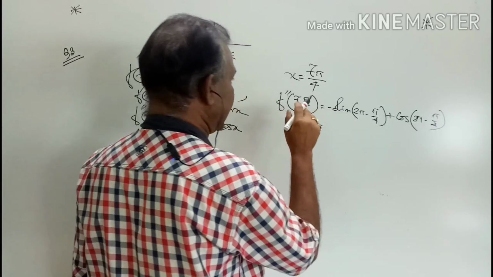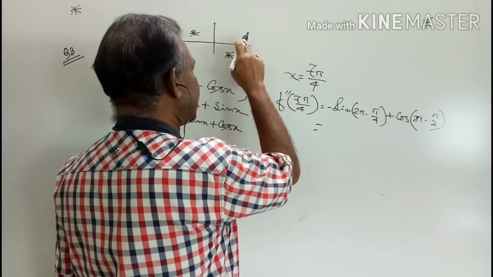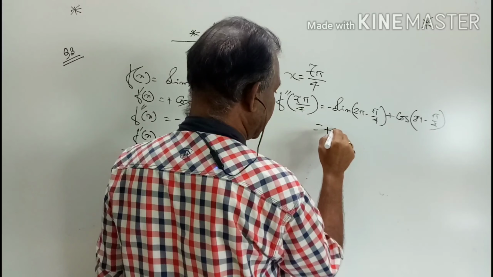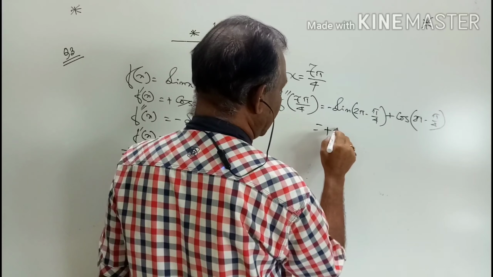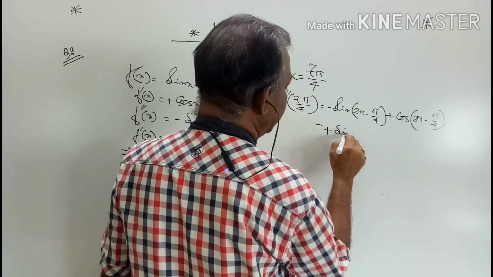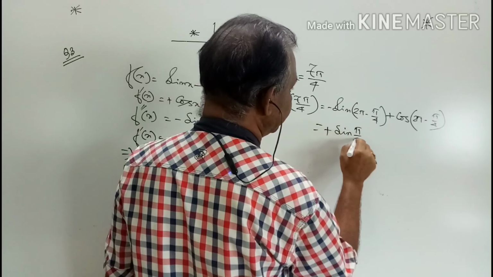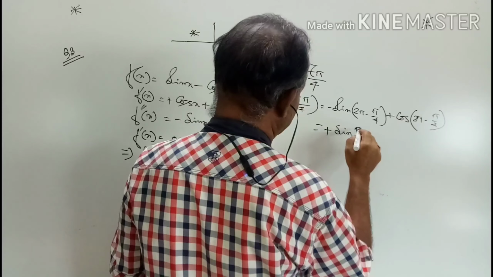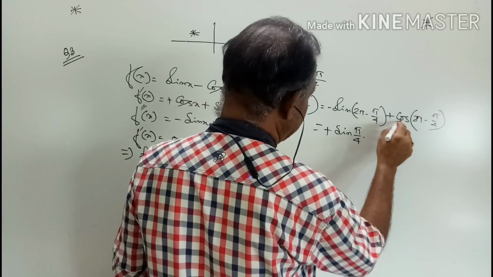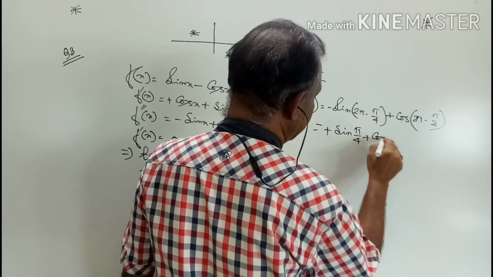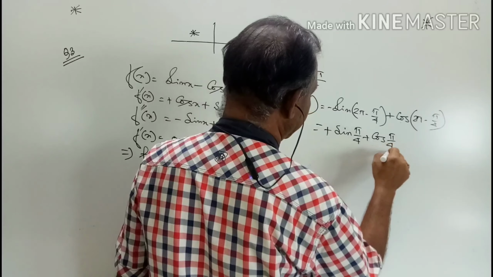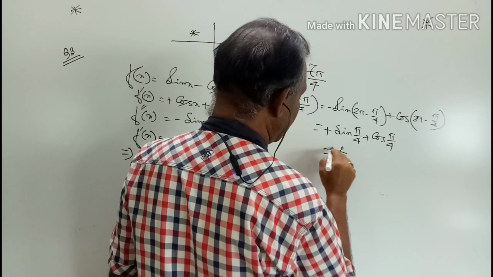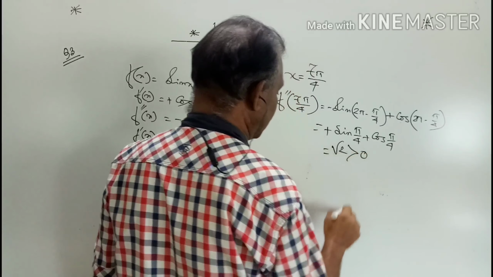It is the fourth quadrant, so sin pi by 4 is negative, and 2 pi minus pi by 4 is also the fourth quadrant where cos is positive, so cos pi by 4. So 1 by root 2 plus 1 by root 2 equal to root 2, which is greater than 0.